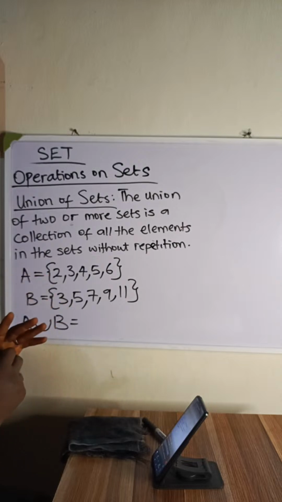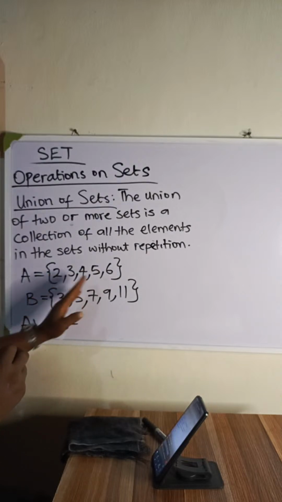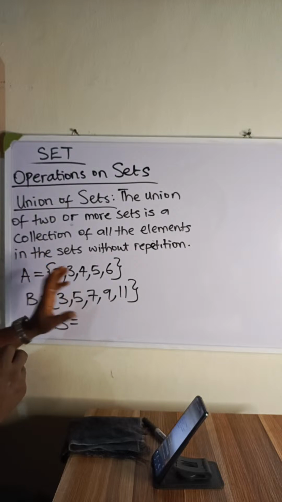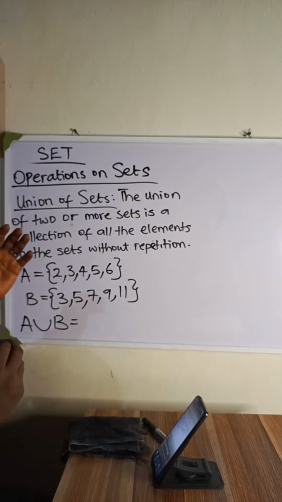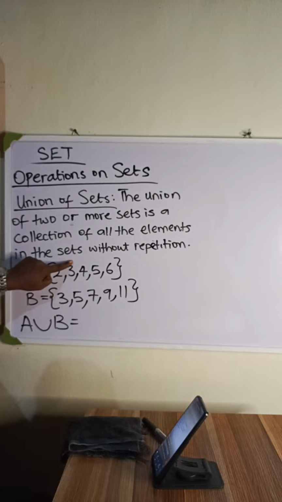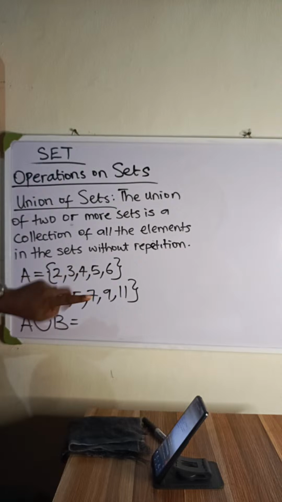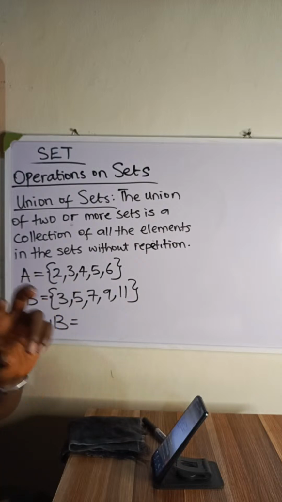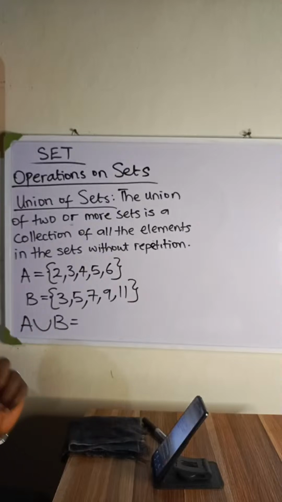So what this means is, I'm going to write down all the elements I can see in each of the sets without repeating any of the elements, even if that element appears in the two sets. For example, we have 3 here, we have 3 here. That means 3 is twice. We have 5 here, we have 5 here, twice. That does not mean we are going to write it twice. We are just going to write each of the elements we see, as long as it appears in at least one of the two sets.